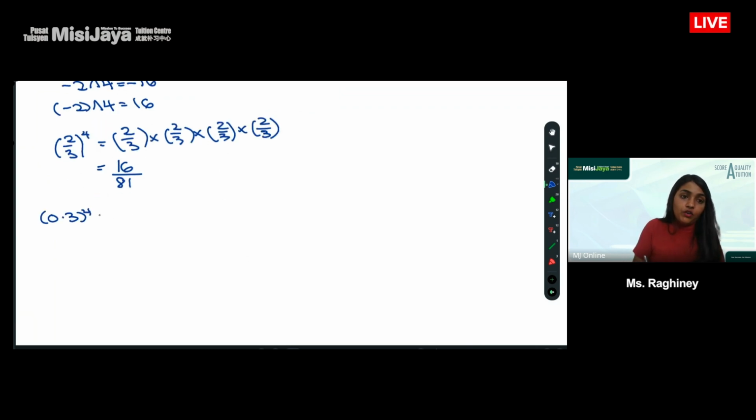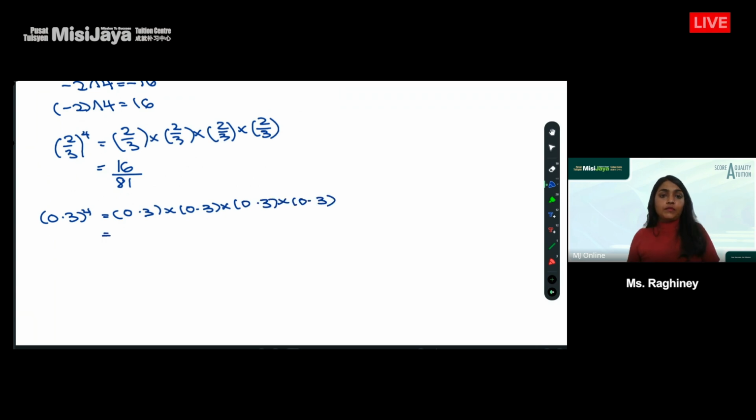0.3 to the power of 4. What are we doing? 0.3 times 0.3 times 0.3 times 0.3. What's the answer? The answer comes out like some kind of exponent in the calculator. How do I change this to a regular decimal?